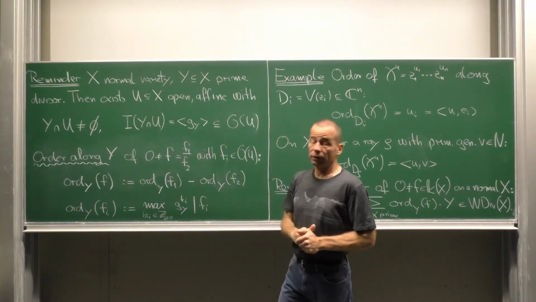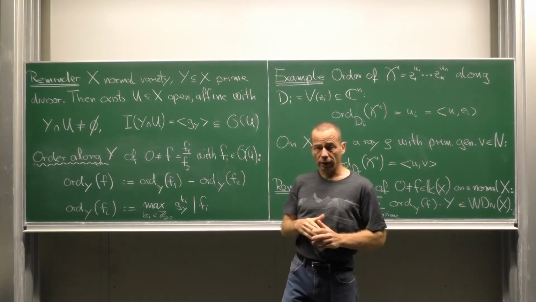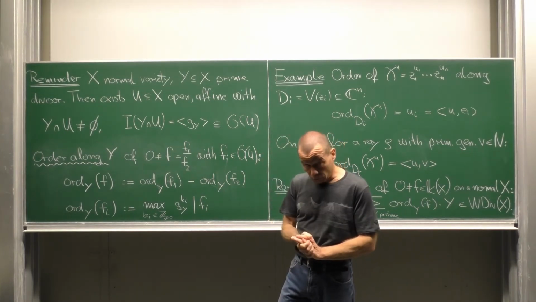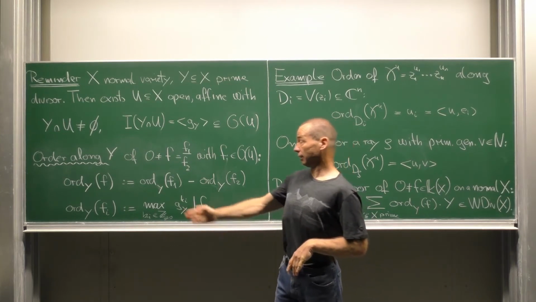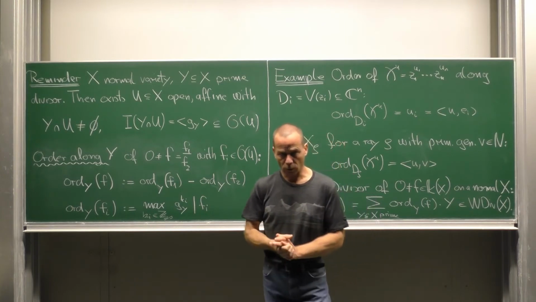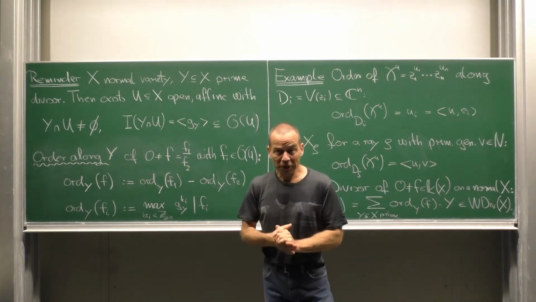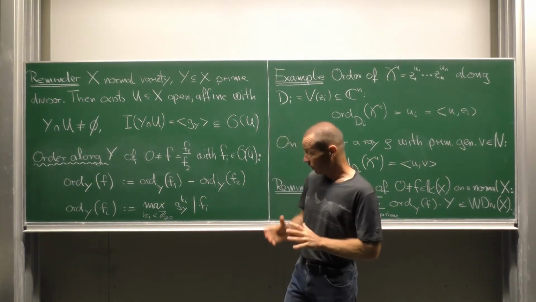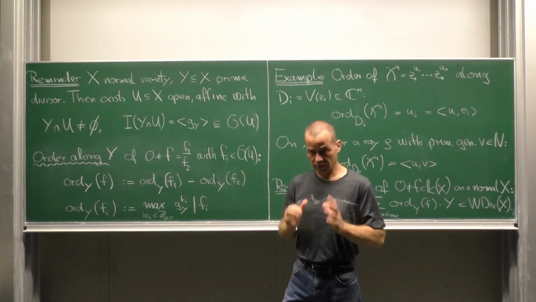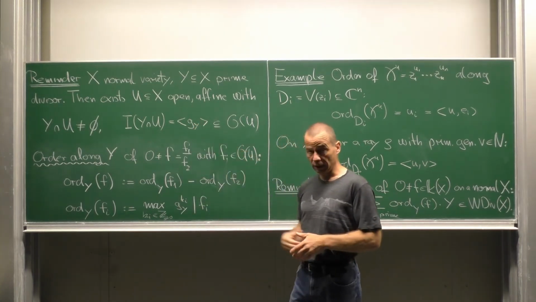Write our function f as a quotient f_1 by f_2 with regular functions f_i living on U. Then the order of f along Y is defined as the order of f_1 minus the order of f_2, both along Y, and the order of these regular functions f_i on U is defined as the maximum integer such that the corresponding power of the ideal generator g_Y divides our f_i.